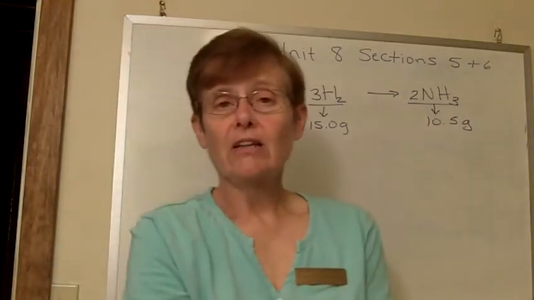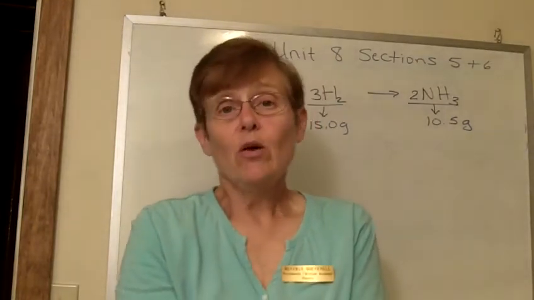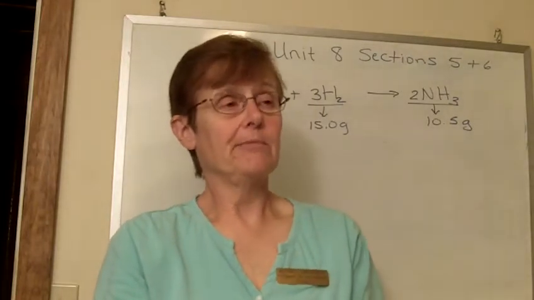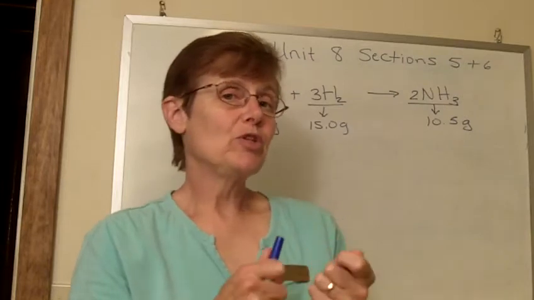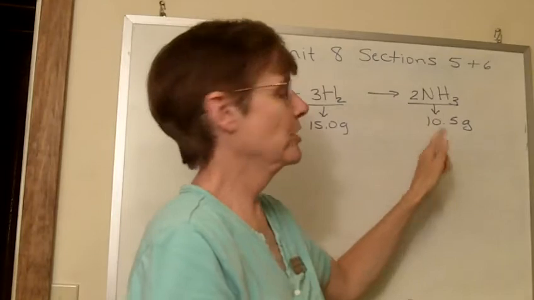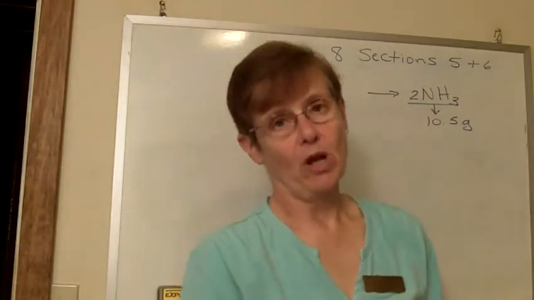And then we also want to calculate how much product we expect that we should get, knowing that we might not actually be able to collect it all in a reasonable form that we could use. So we'll figure out how much we should be able to get, and then we'll take the amount we actually got and figure out what we call a percent yield. So let's run through this problem.